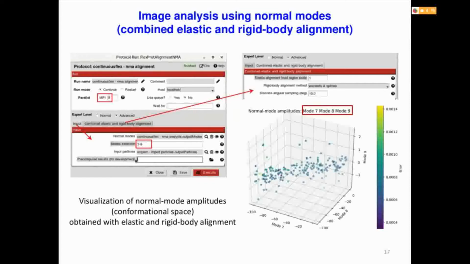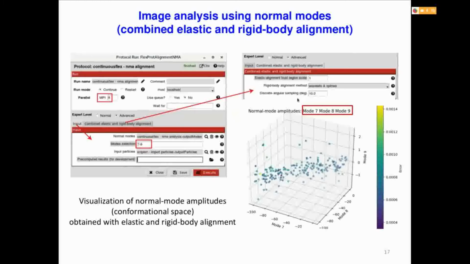It can be useful for development and for tests of the protocols, because here we can insert the file that contains pre-computed results, in order to be read and to go to the next step. But for the majority of cases, because you are going to run this, this field will be empty.